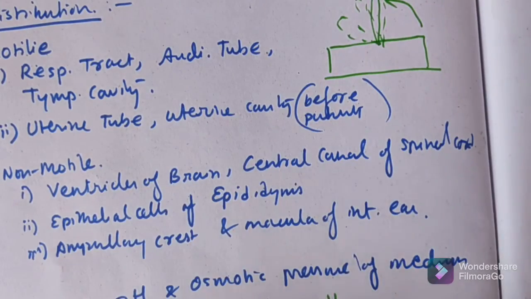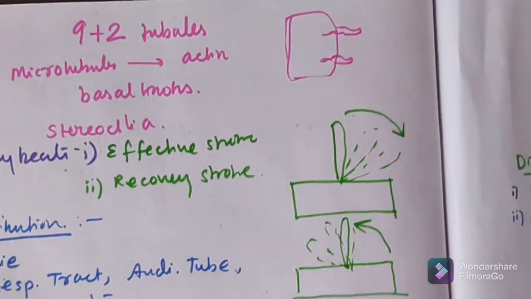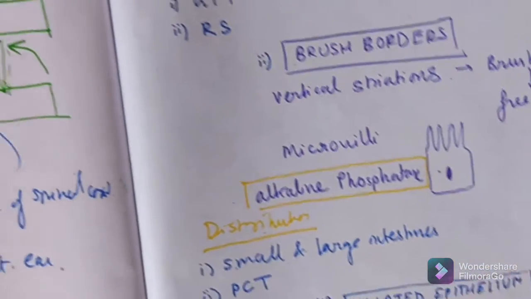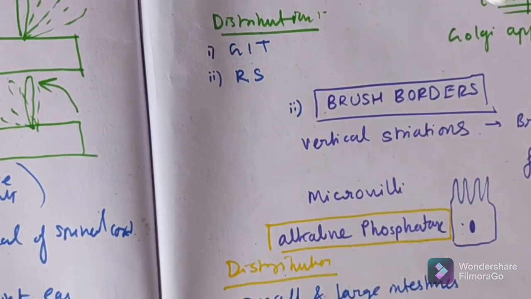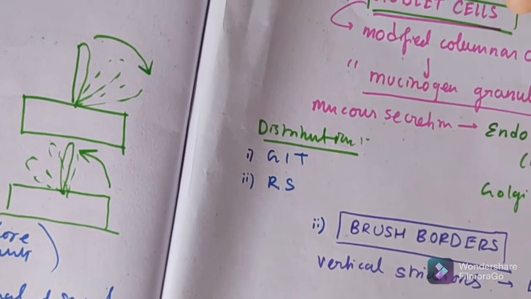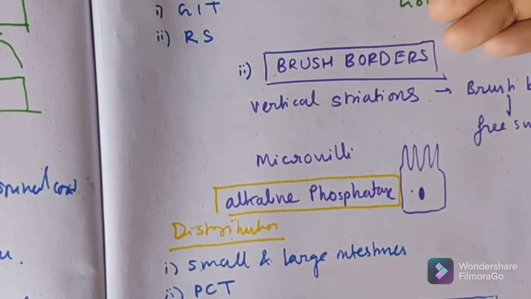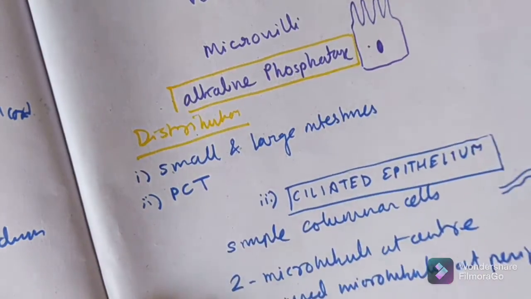So this was pretty much about the simple epithelium. We discussed the classification of simple epithelium and of epithelium in general. We discussed the types of columnar epithelium. We learned about the cuboidal epithelium, the goblet cells, the brush border cells, the ciliated epithelium.